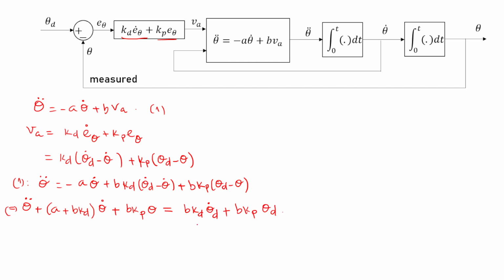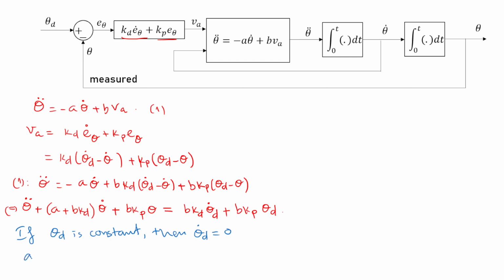Then we can make analysis. If theta d is constant, then theta d dot is 0, right?